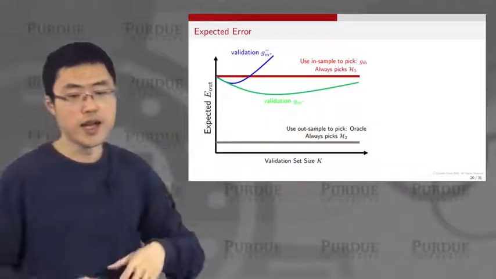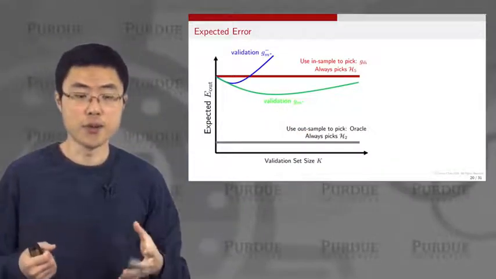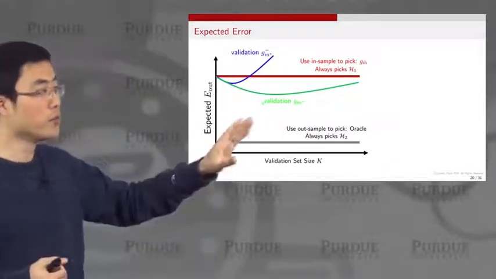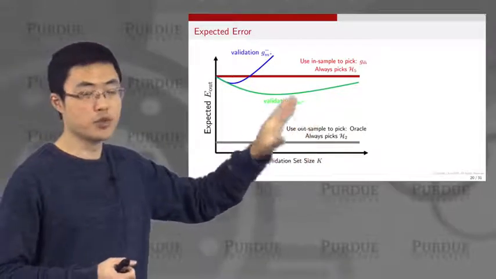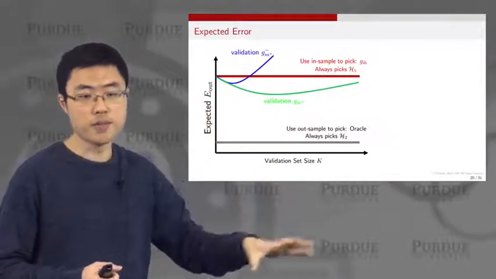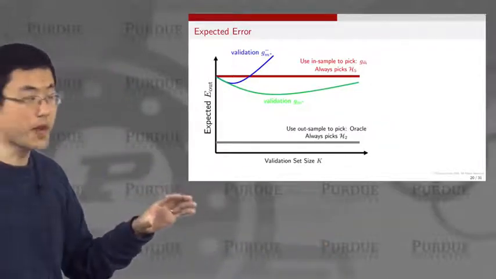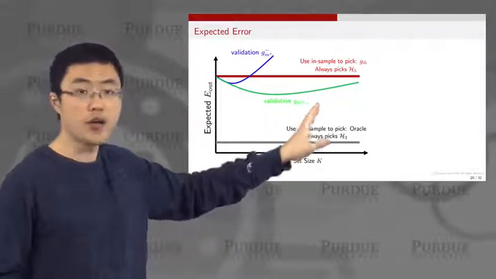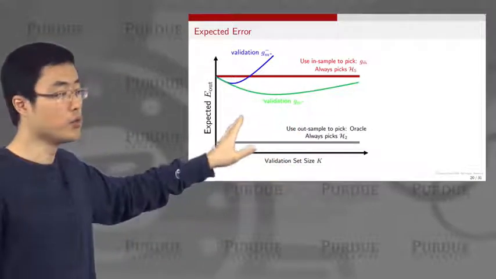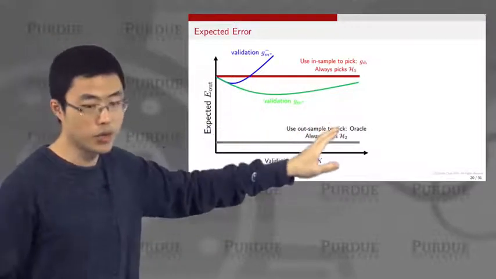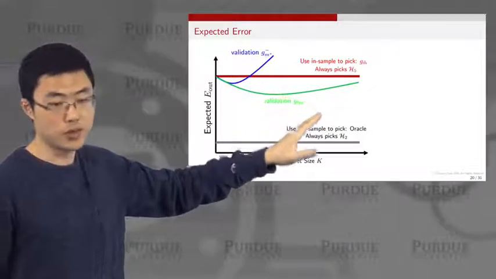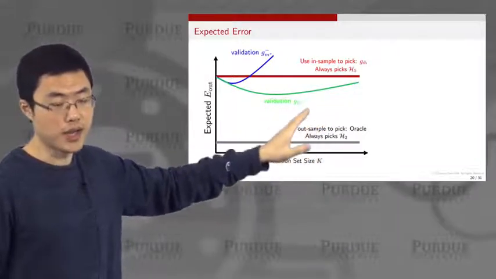The G star says that I'm going to calculate my hypothesis, not only that, I will use the N minus K samples to train, and then I use the K samples to pick the best one. And then after I pick the best one, I'm going to recycle all my data and retrain the entire model. Then that would be my validation, that would be my expected error.